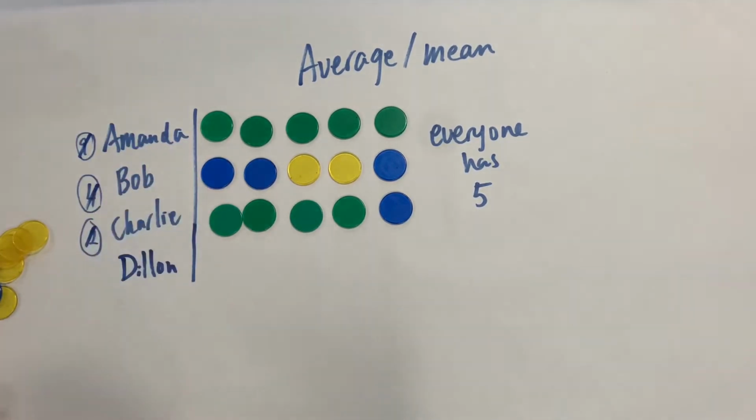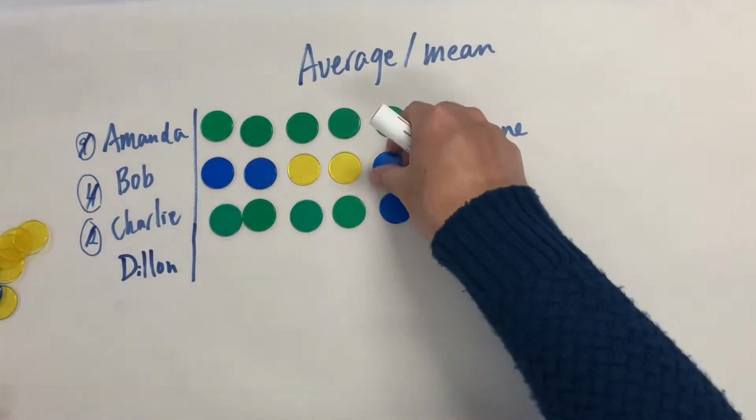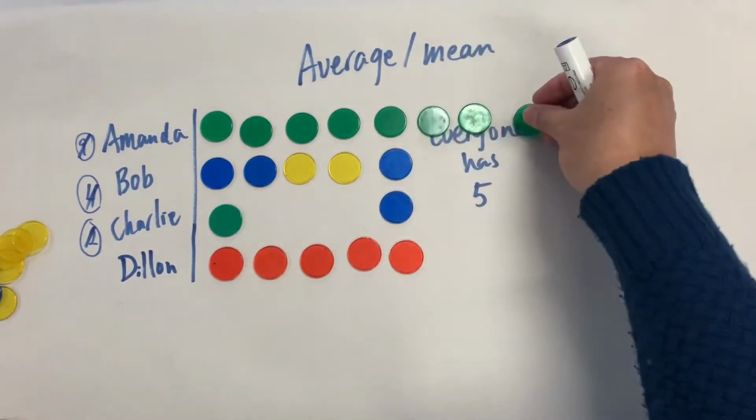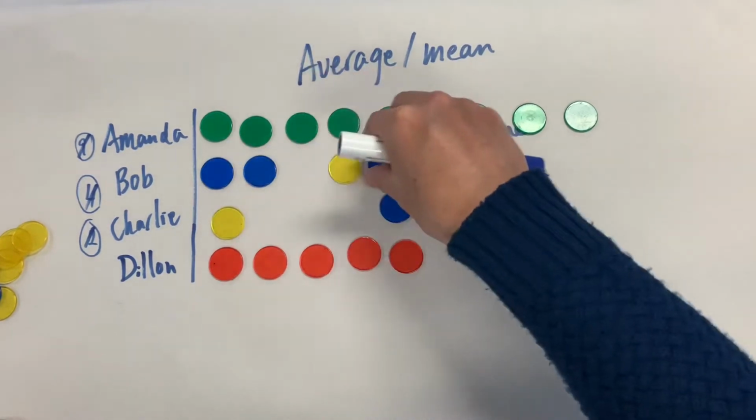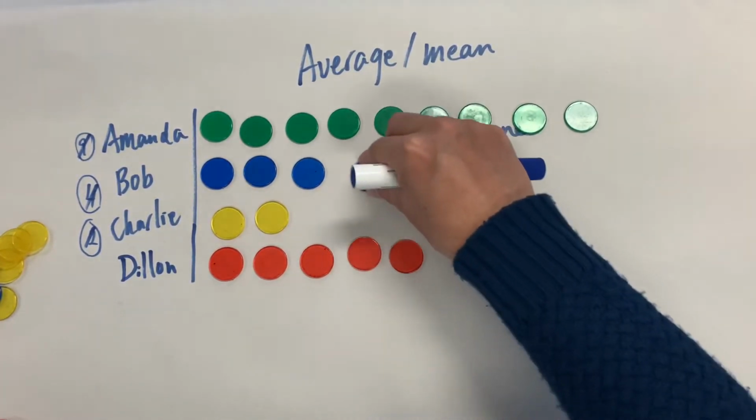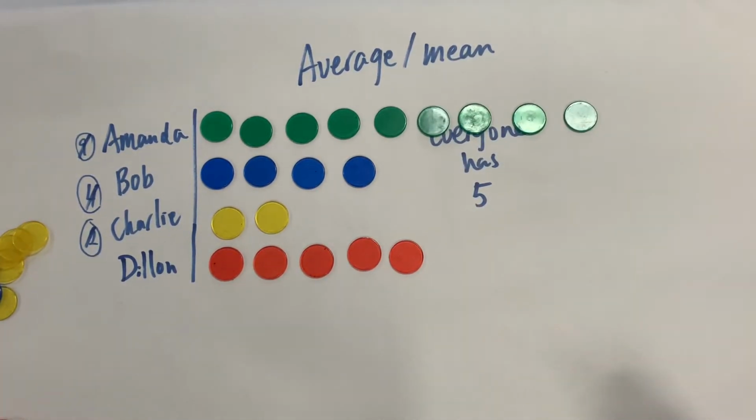4th person is Dylan. So let's quickly, I want again the average to be 5 again. So I know this is going to be average of 5. I wonder why.